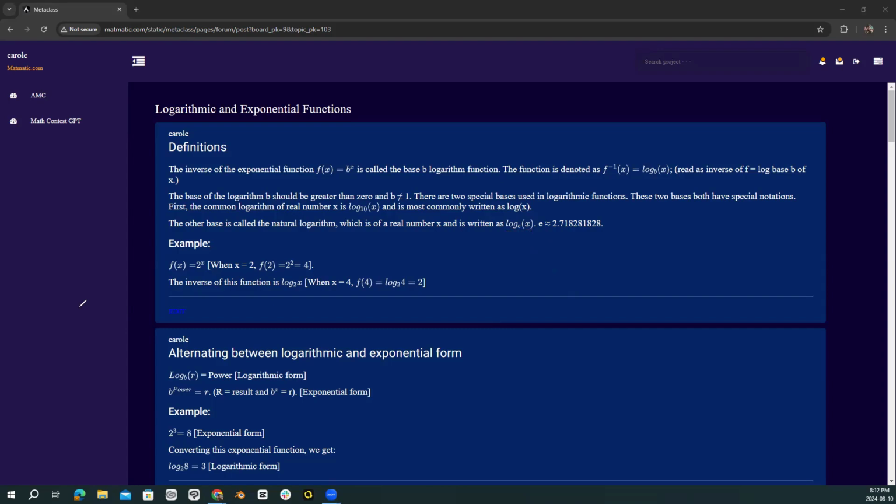Okay, so we have this little example here, just to reiterate what a logarithmic function is. Here we have the equation f(x) equals 2 to the power of x. And when x is equal to 2, f(2) equals 2 to the power of 2, which is 4.